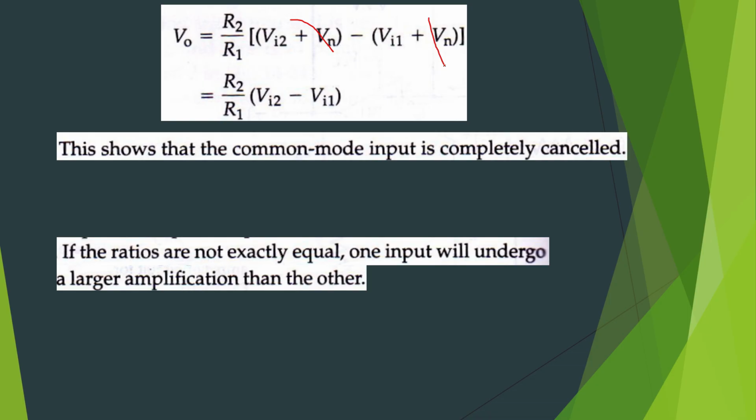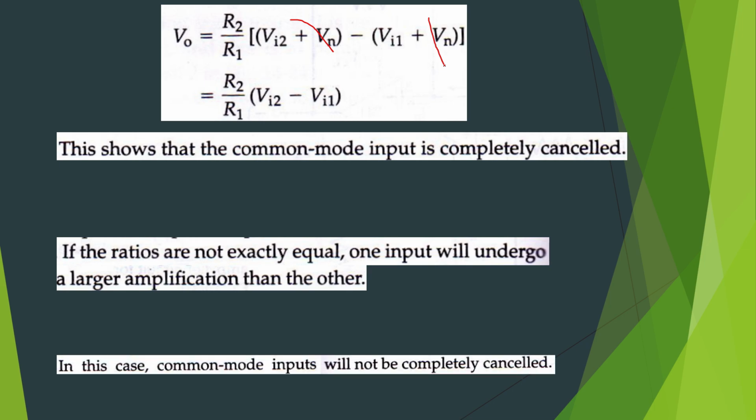If the ratios are not exactly equal, one input will undergo a larger amplification than the other. In the real world this may not be exactly possible because the ratios may not be equal. In this case, common mode inputs will not be completely cancelled.